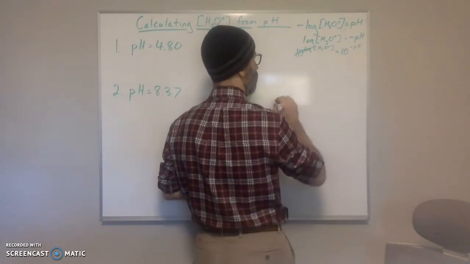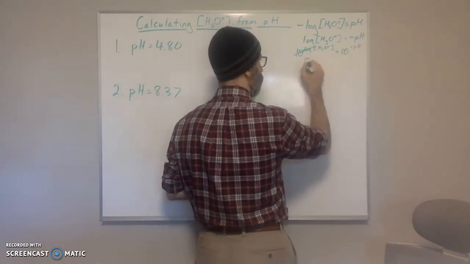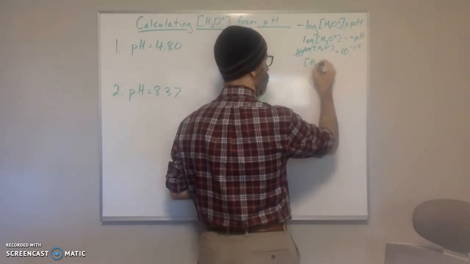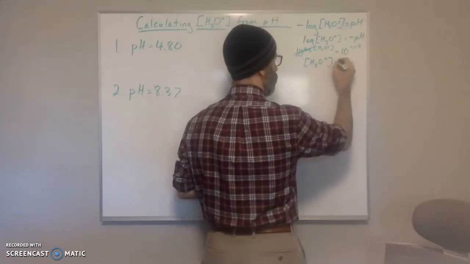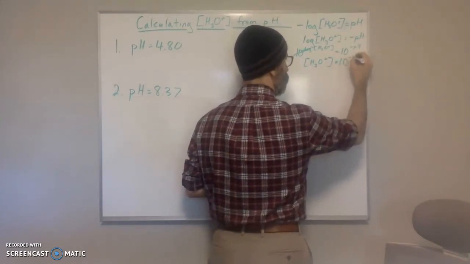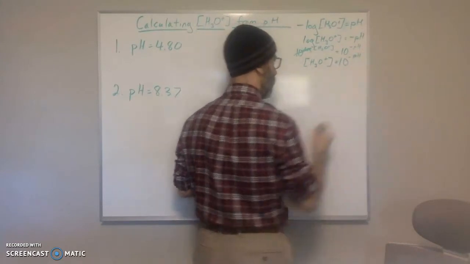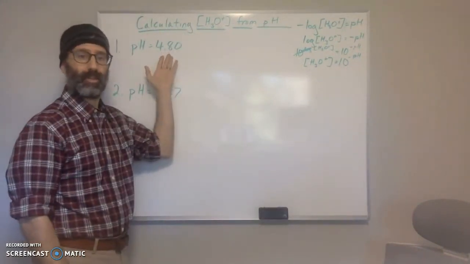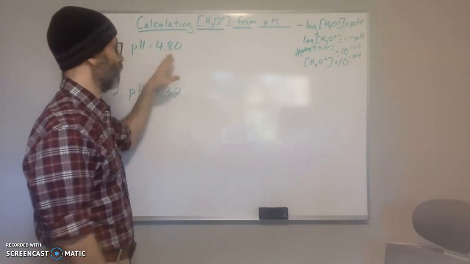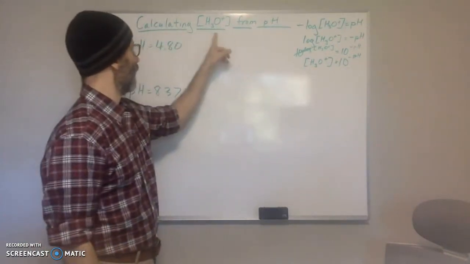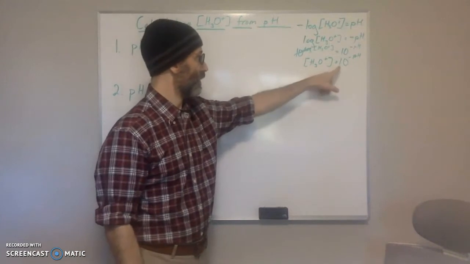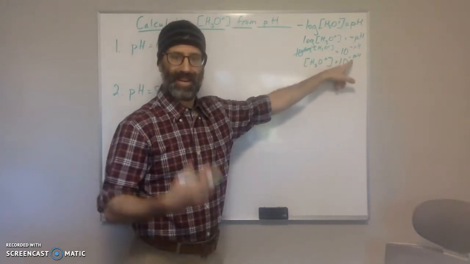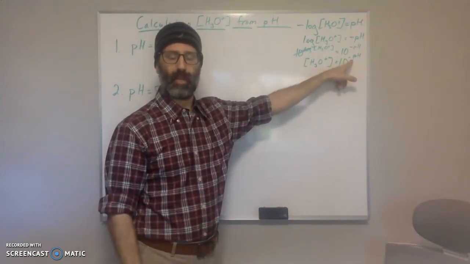So that gets undone, and you're left with the H3O plus concentration is equal to 10 to the negative of the pH. So if you're given the pH, all you need to do to find the H3O plus concentration is put it as a negative of whatever the pH was given.